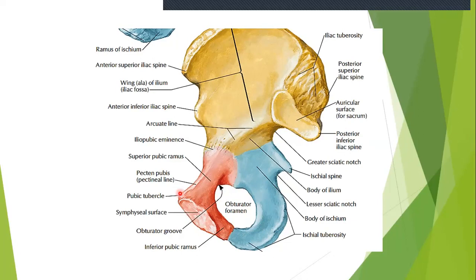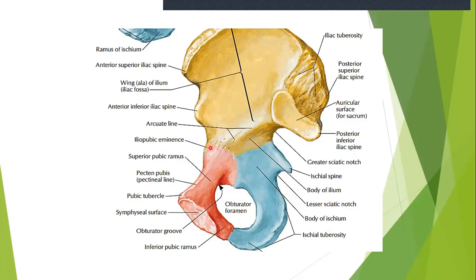Then we have the pubic tubercle there. Then we have this very important line, the pectineal line or pecten pubis. That is important because a key muscle known as pectineus usually originates from there.